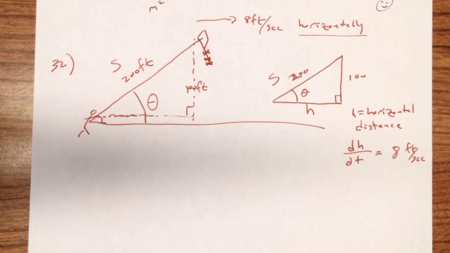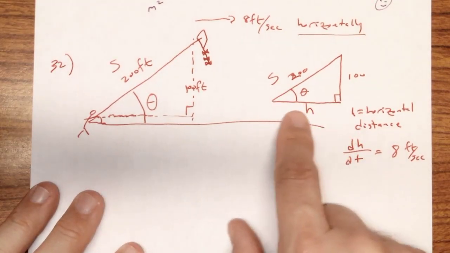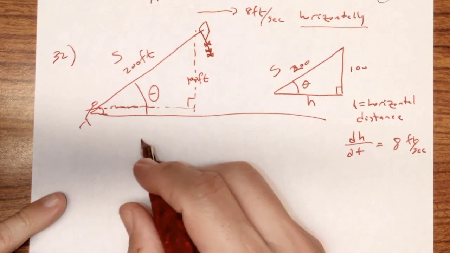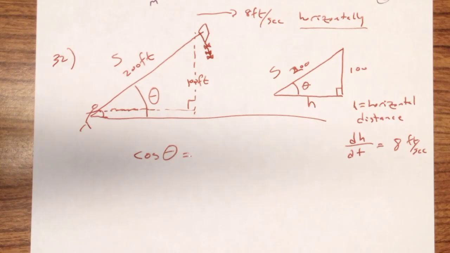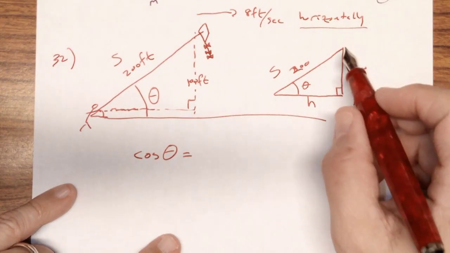Well, I could use trig, right? We have 6 different trig functions. Let's try cosine, because this is a horizontal angle. It's the adjacent side. What do you know about cosine of theta? Cosine is adjacent over hypotenuse.